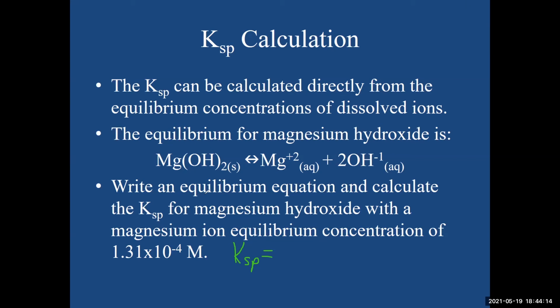Is it the equation that's on the board already, or do we have to write a separate one? Not the chemical equation, the equilibrium equation. The equilibrium equation is for the equilibrium constant. The equilibrium constant is going to be equal to what? KSP is going to equal what? Is it brackets magnesium +2?